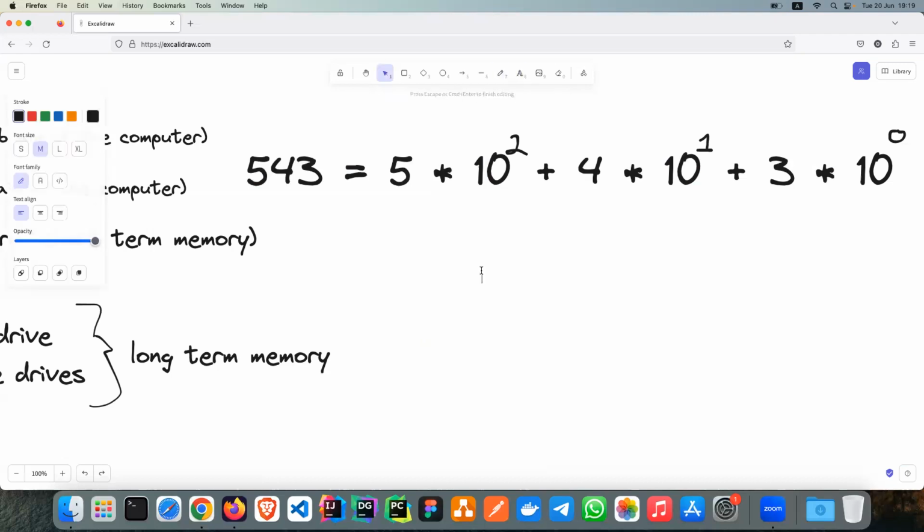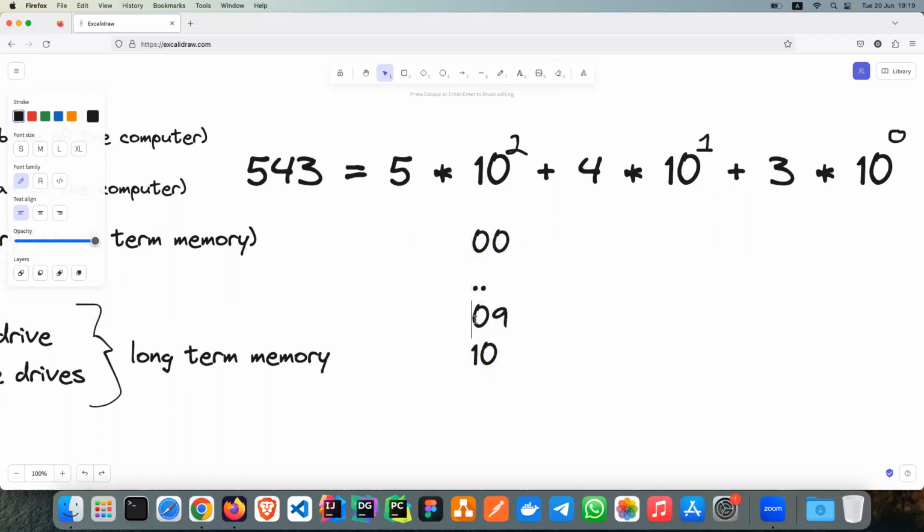Let's write it. Let's say I want to count to 9. If 9 ends here, I need to continue counting, right? What can I do? I will just add another digit in front of the current digit. When we start counting, it will be 00, 01, 02, 03, 04, up to 09.